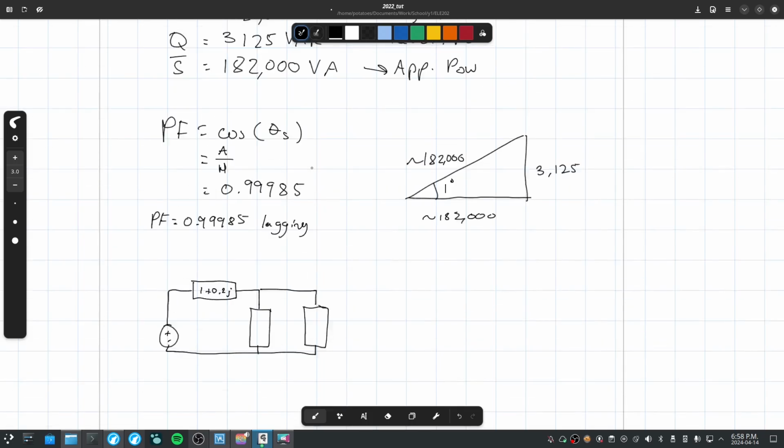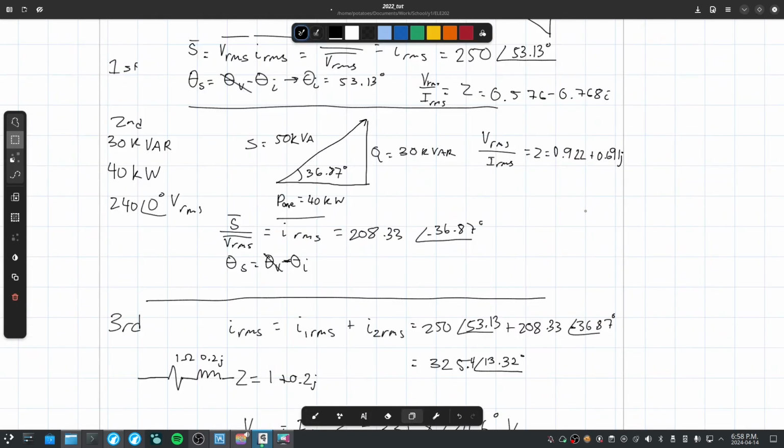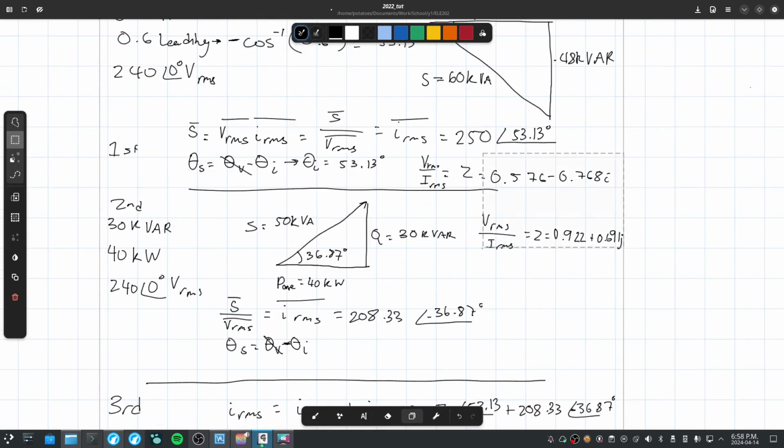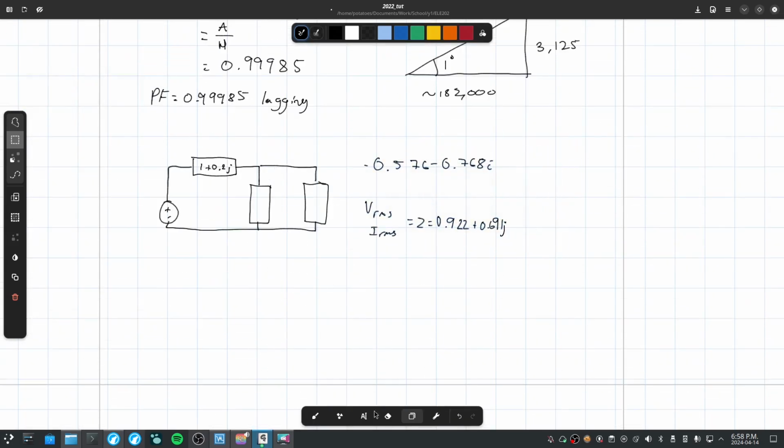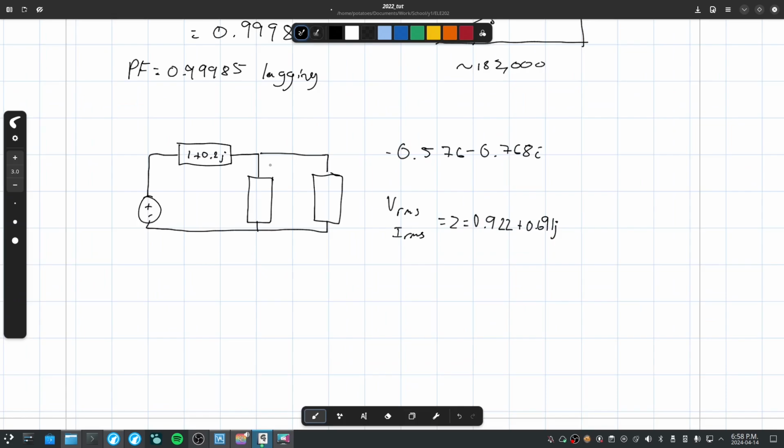Let me just copy this so I can see. So this is 0.576 minus that, and this is that. Actually, it should be the other way around. It doesn't matter. They're in parallel is the point.